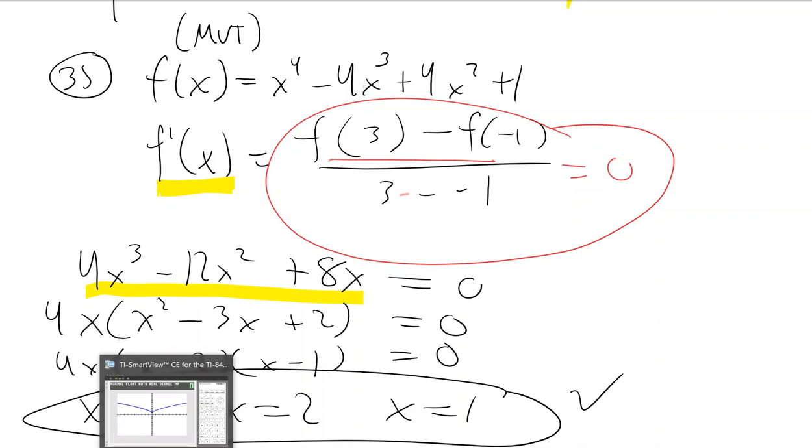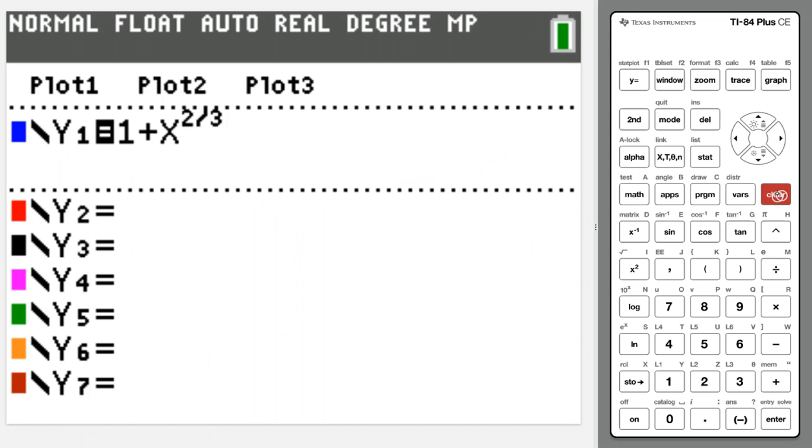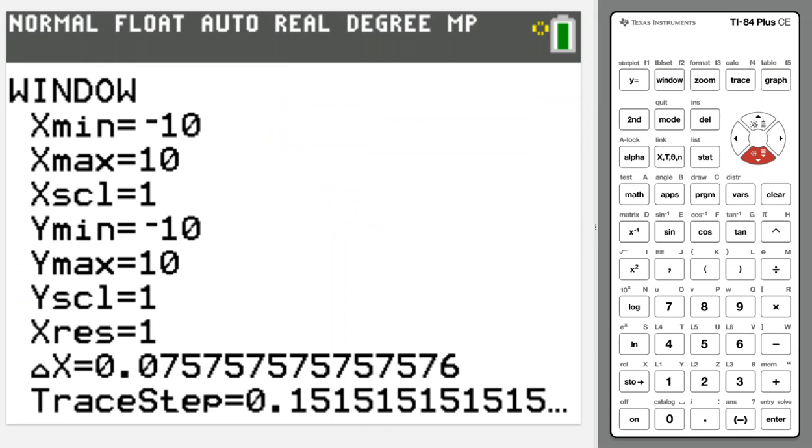So if we graph this guy too, then you can kind of see what they're asking you to find. I guess I even restrict the window.